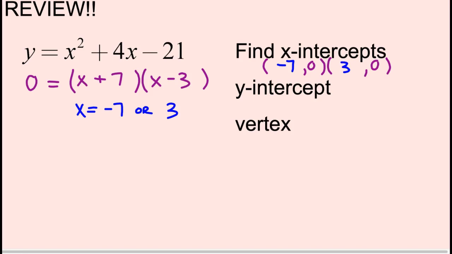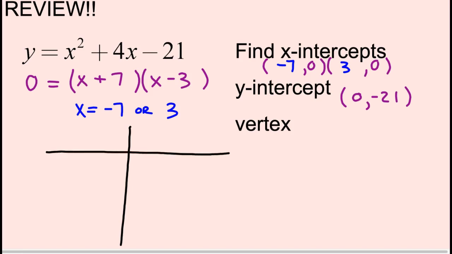So I have negative 7 and 3. Okay, my y-intercept, what do we know is true about x at the y-intercept? 0. X is 0, so put 0 in for x and we get a negative 21 for y, so there's another point. So I have my y-intercept. I got two x-intercepts. Let's make a little graph of this. I'm going to make it kind of bottom heavy.